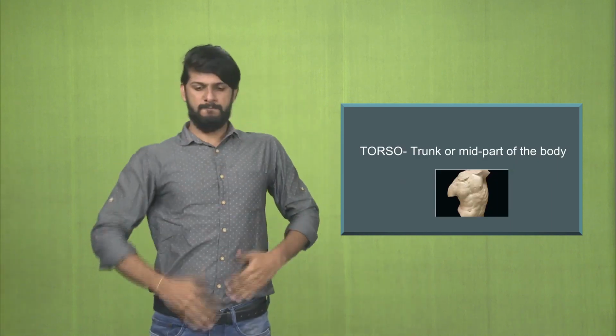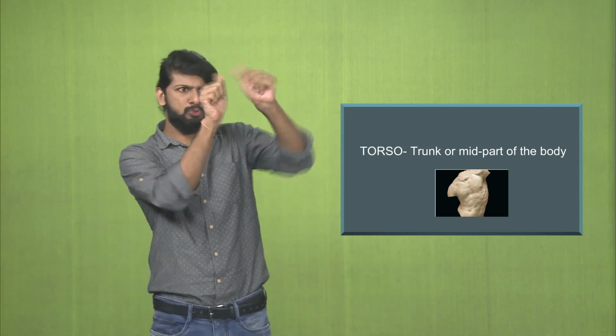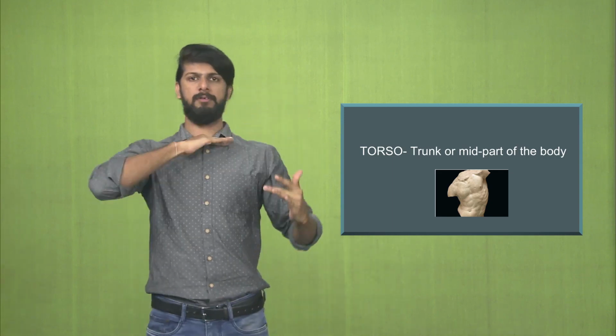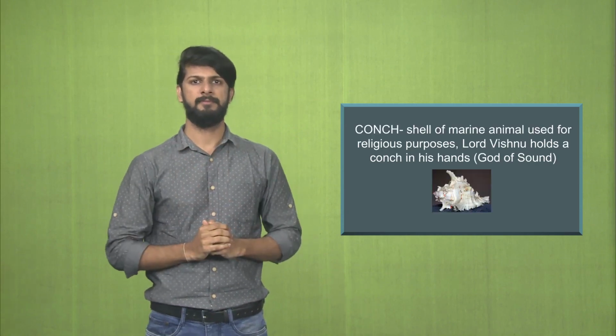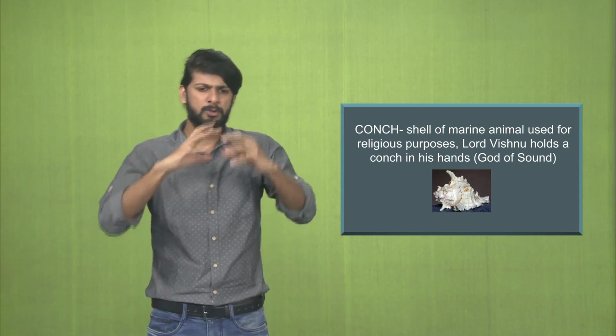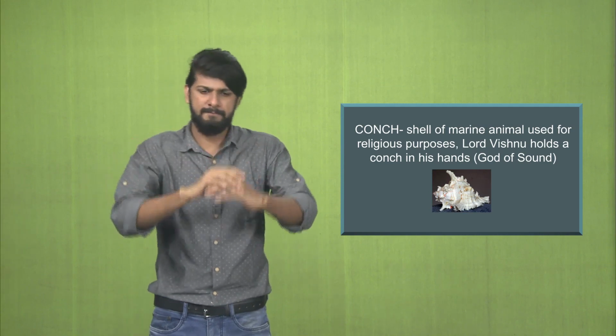Next word is torso. You see in the picture, this is the trunk or the middle part of the body from the neck to the waist, which is known as the torso. Next, the word conch. This is the shell of marine animals.